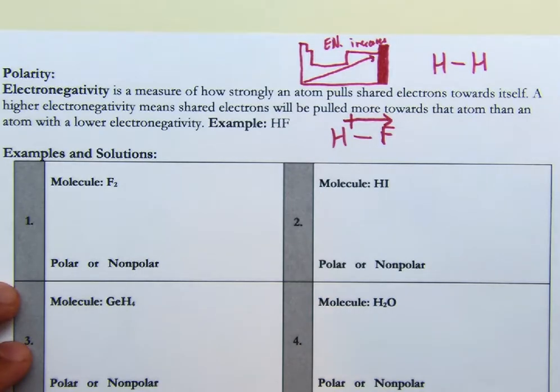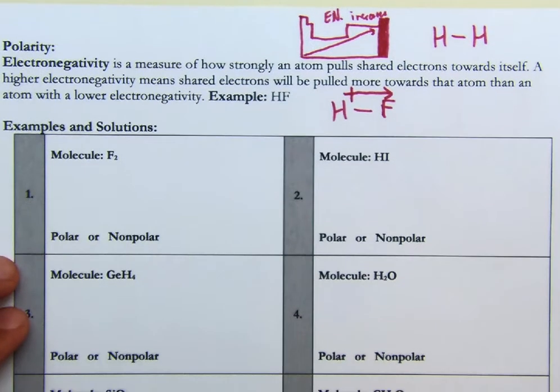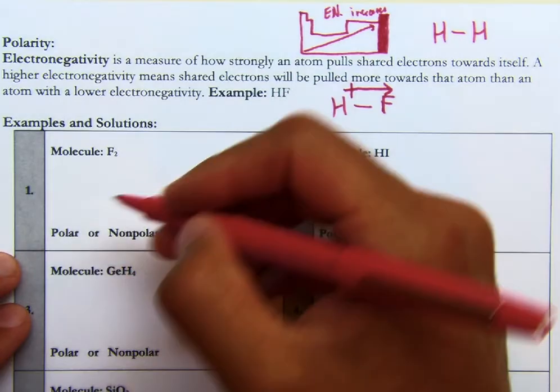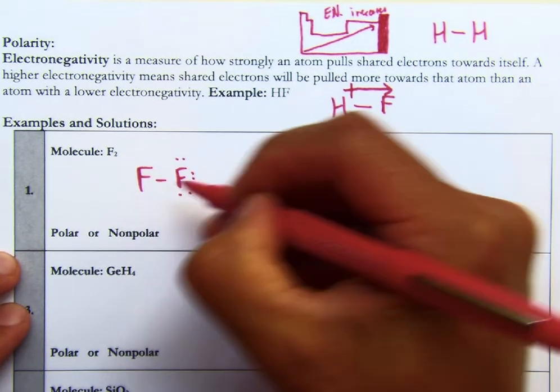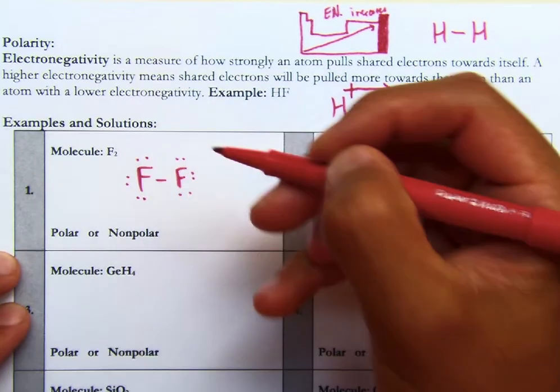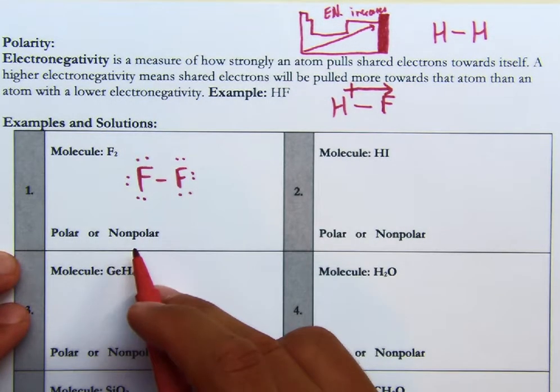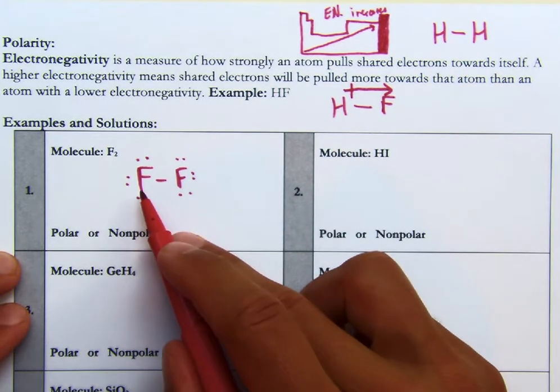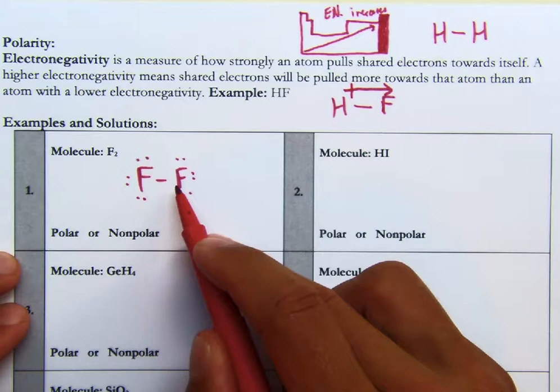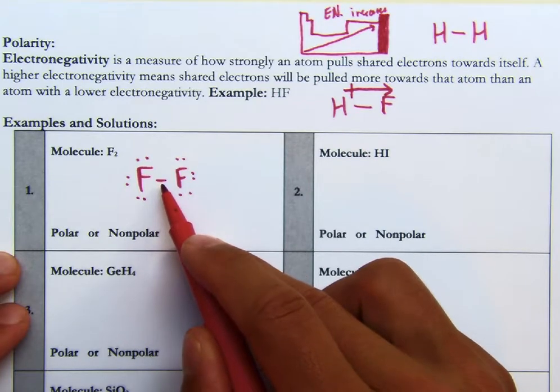So for these, and again, they're the same molecules, right? For this one, if you look at this and you think, okay, what is this, a polar molecule or nonpolar? Well, just like my example with hydrogen here, fluorine and fluorine, they're the same. So these shared electrons, they're not going to be pulled more to this side.